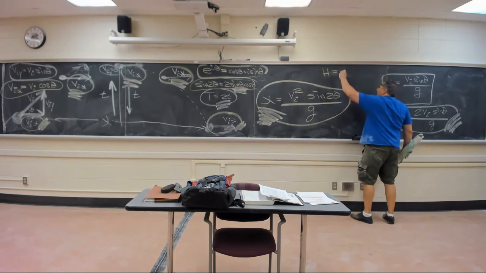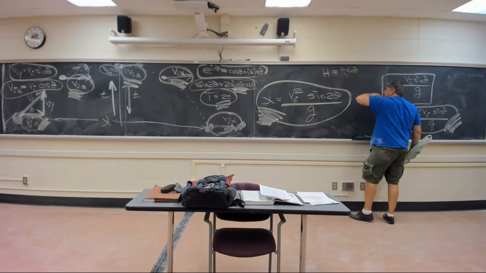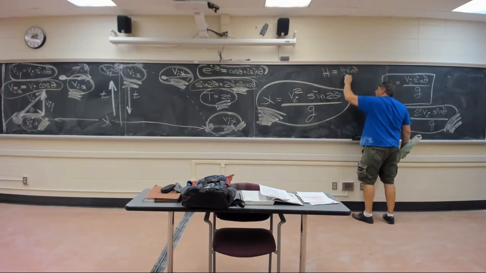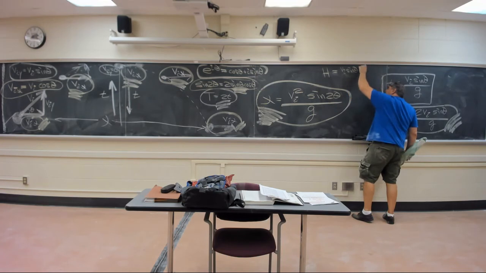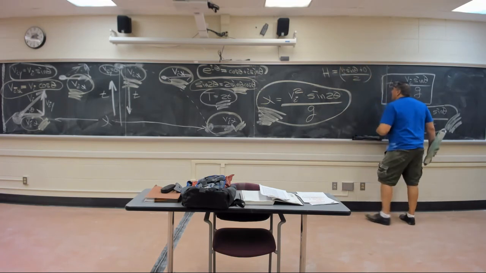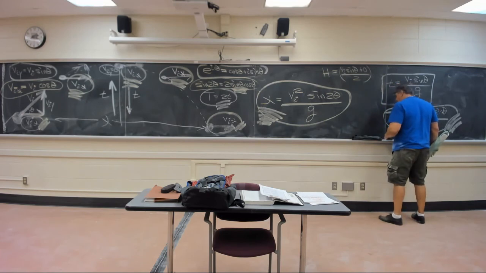Tell you what, I started out how fast? VI sine theta is how I started, right? That's the initial velocity, VI sine theta. My final velocity is 0. I'm going to add them together, divide by 2.